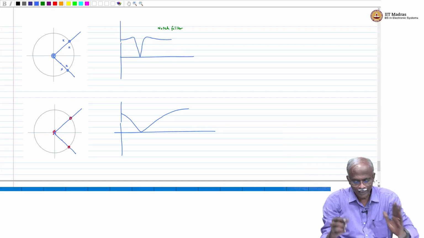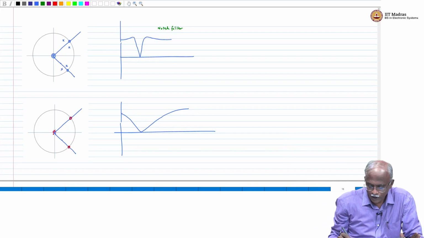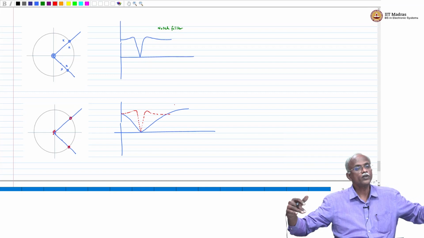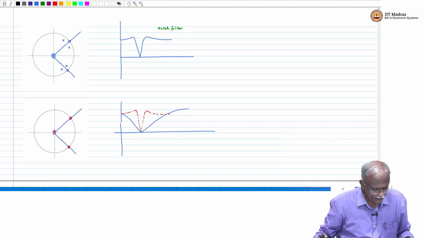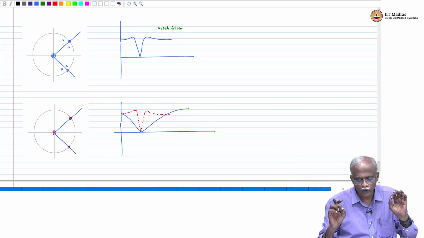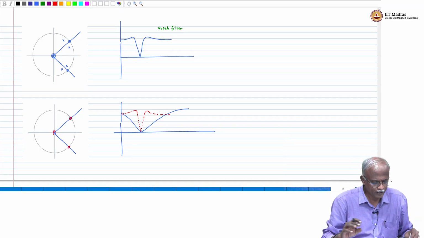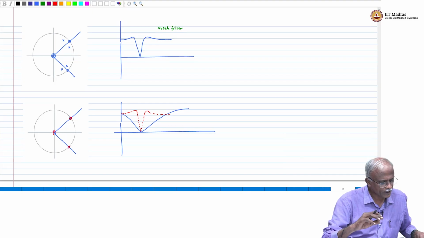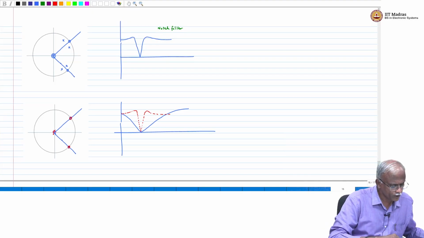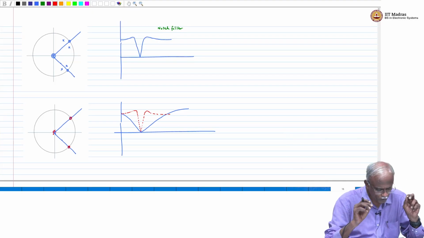So the effect of the pole is to compensate for this, and then you come down and then go up to compensate. This is how you design your LTI systems to get the behavior that you are looking for. Low pass filter, high pass filter, all of these can be designed so that you get the response that you want.